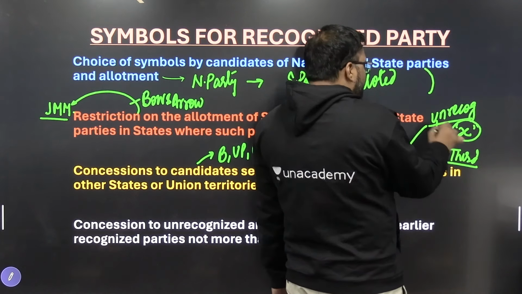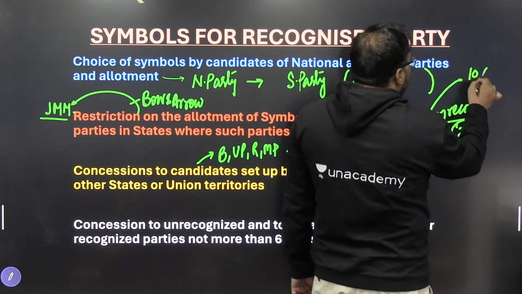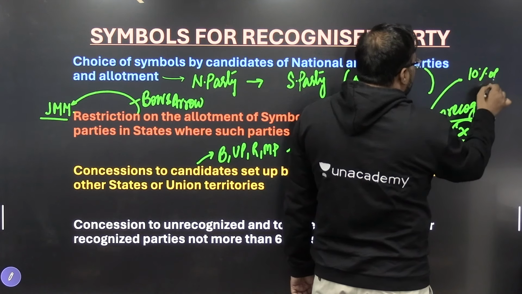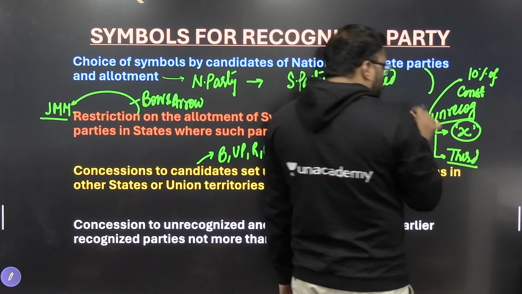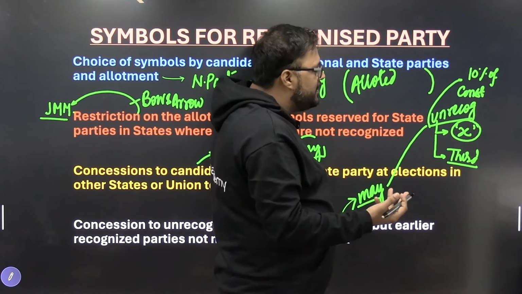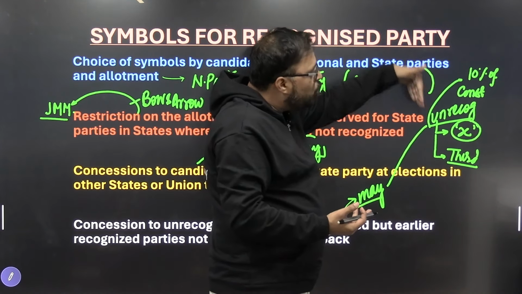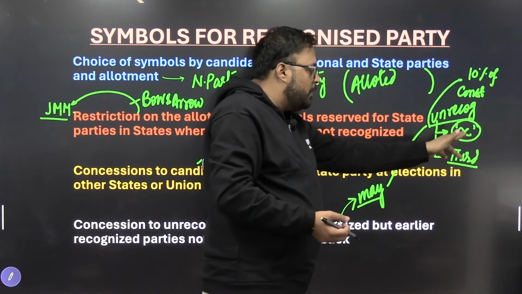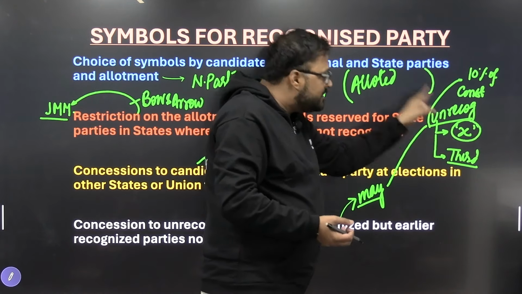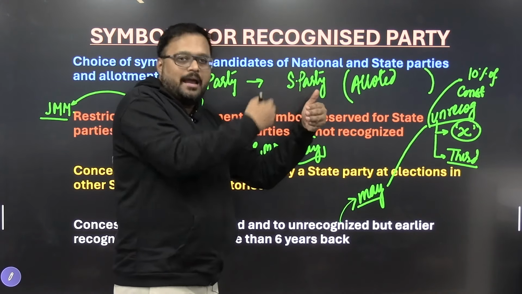But for that, the condition is that their political party must field candidates in 10% of the constituencies. If it is a Lok Sabha or a state legislative assembly election, they will have to field their candidates in 10% of the constituencies. Then only will the unrecognized political party get the same symbol which they have used for the last two elections.